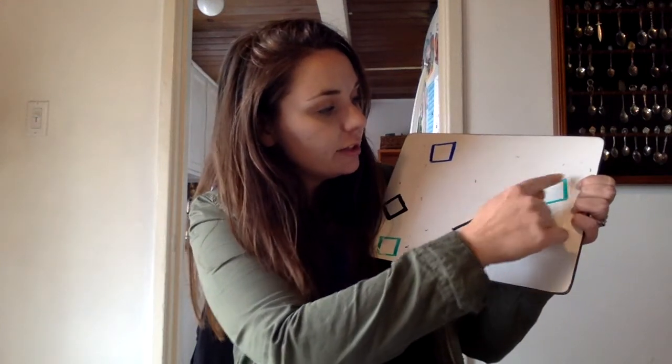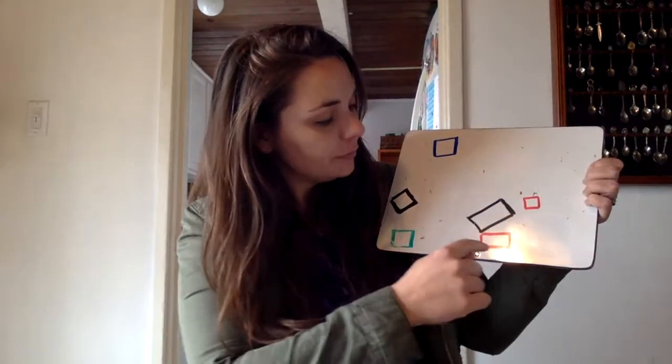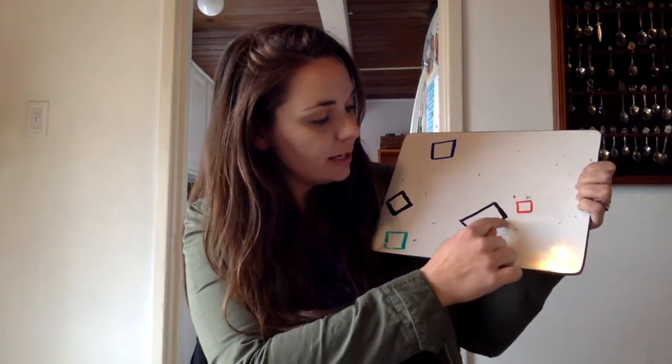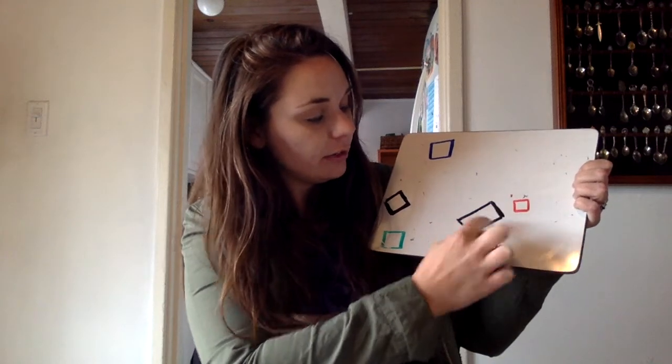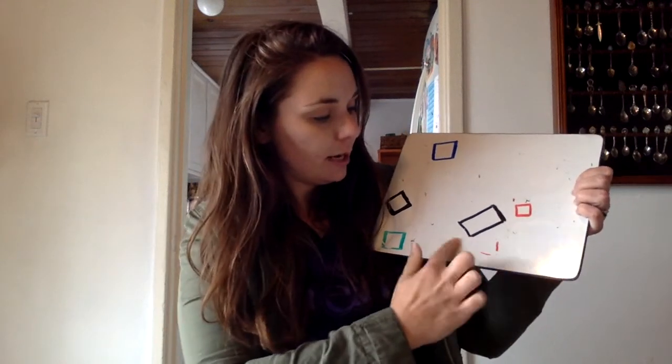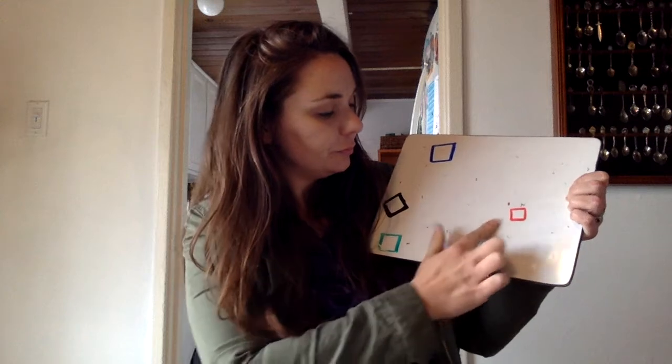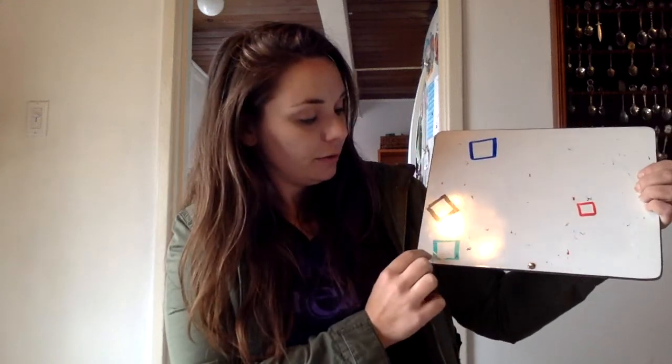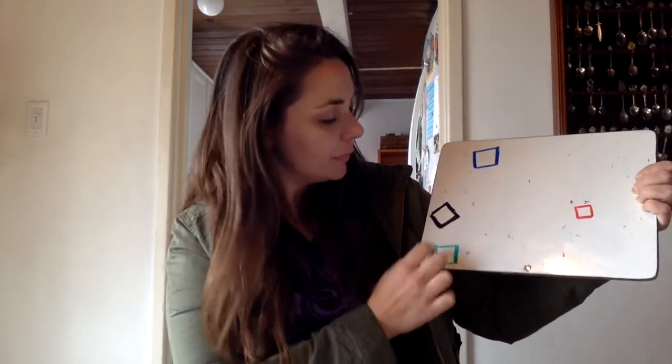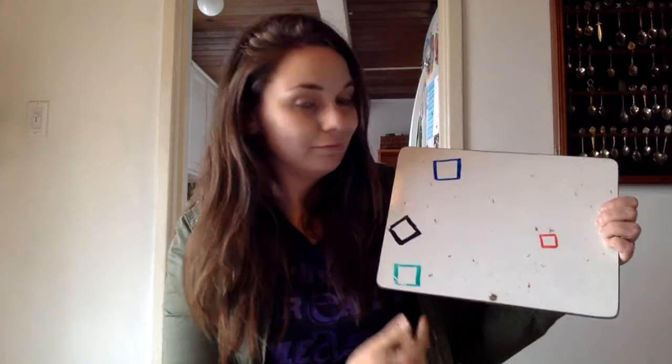This side is longer than this one, so it can't be my shape. Let's see. These are rectangles because this side and this side are longer than the other sides. So that one cannot be my shape. This one, all the sides are the same. All the same and all the same. We've only got 4 shapes left. Do you know what they are? They are all squares.